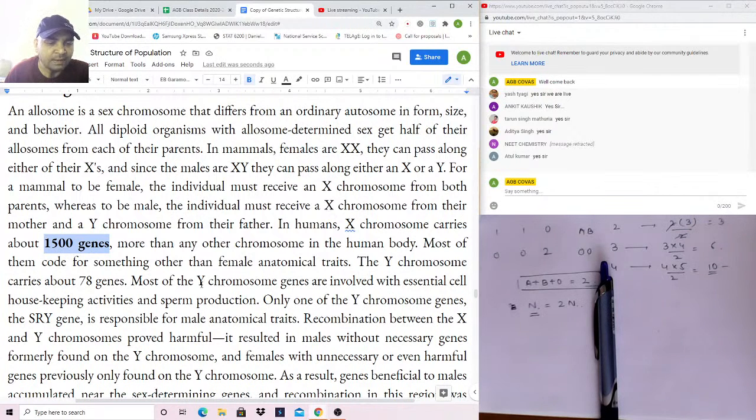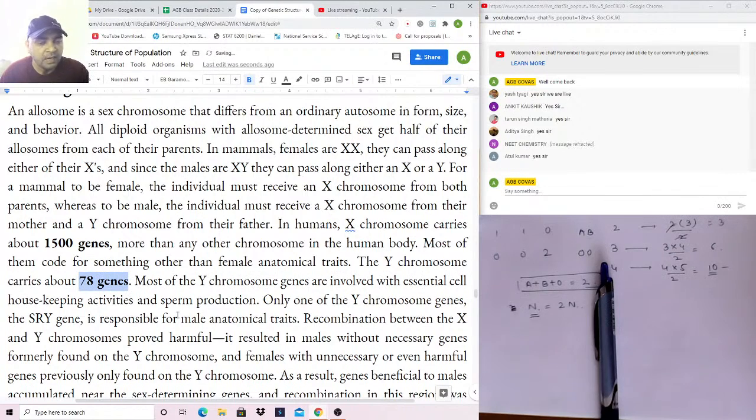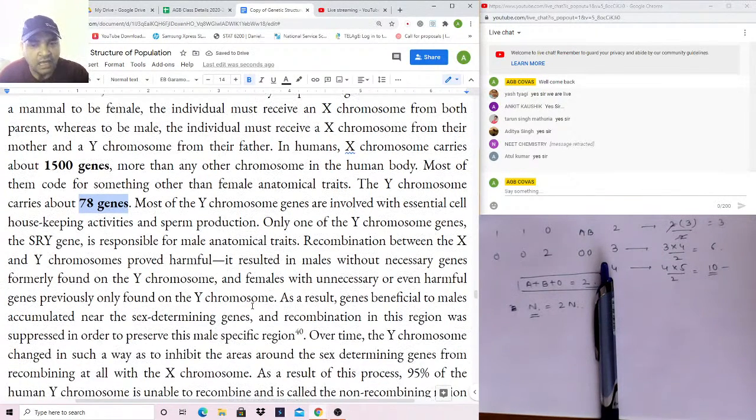The Y chromosome carries only about 78 genes. Most of the Y chromosome genes are involved with essential cell housekeeping activities and sperm production. Only one Y chromosome gene, the SRY gene, is responsible for male anatomical traits.